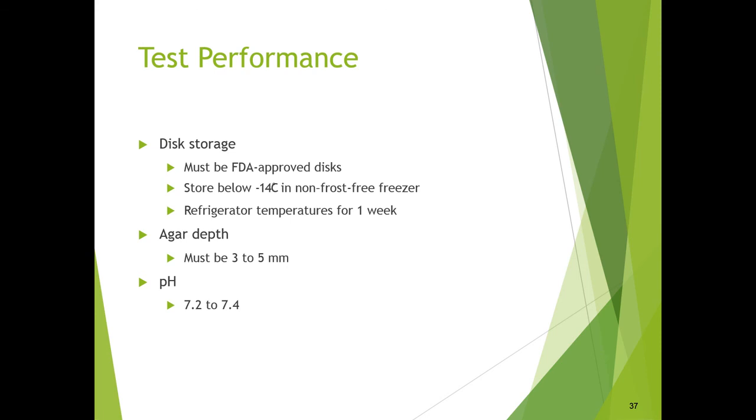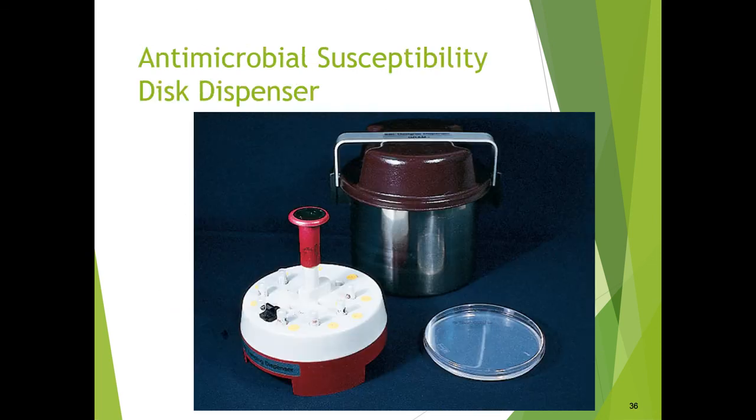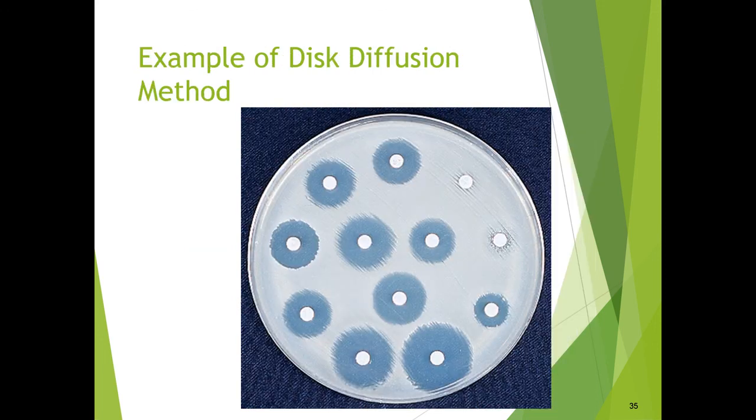So if the discs aren't stored properly, if they're past their expiration date and they're not working well, you can have falsely decreased zones of inhibition. If your agar depth is too thick, then you're also going to have falsely increased zones of inhibition.